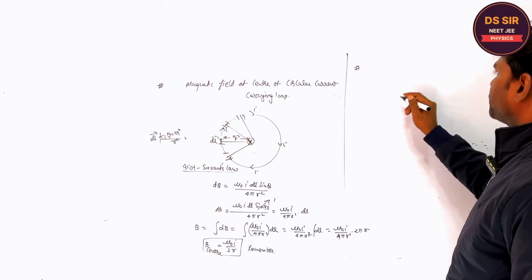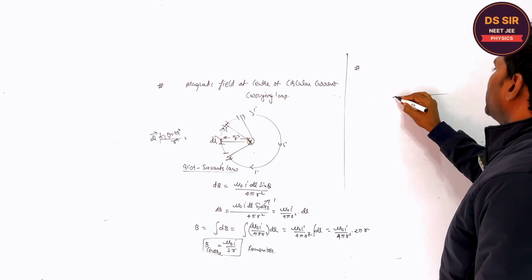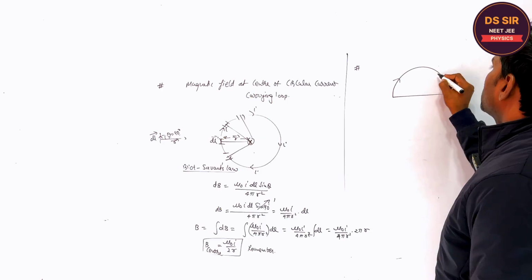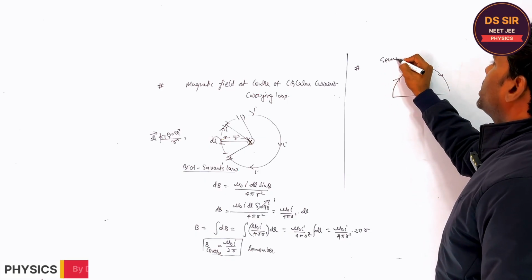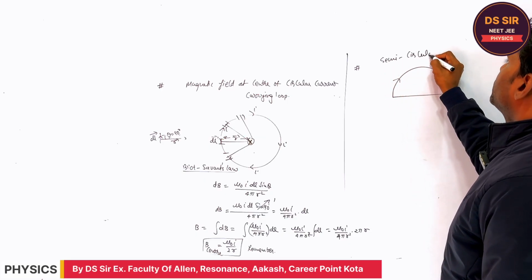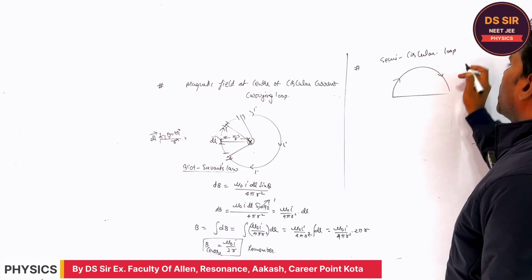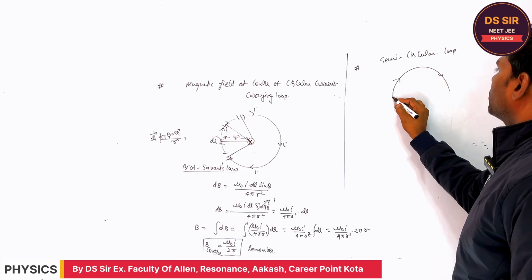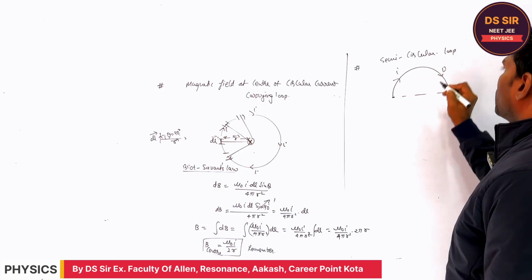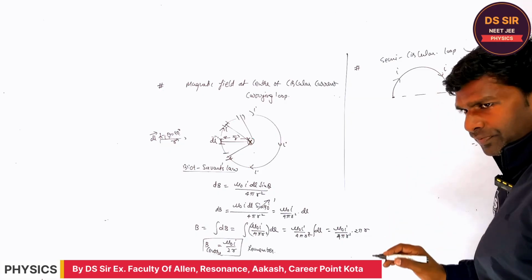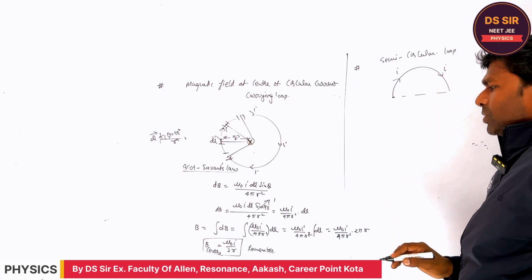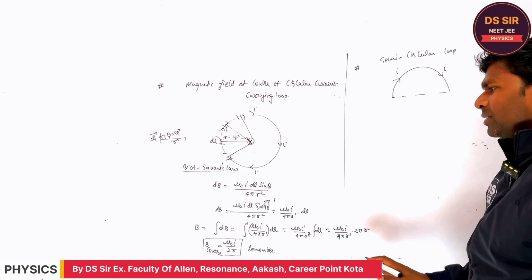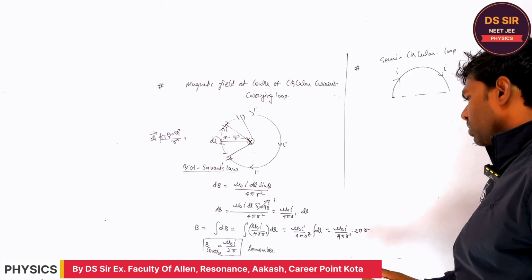If we ask about the magnetic field due to the semicircular loop, how to find it? The integration would be from 0 to pi r of dl. Yes, 0 to pi r is correct.